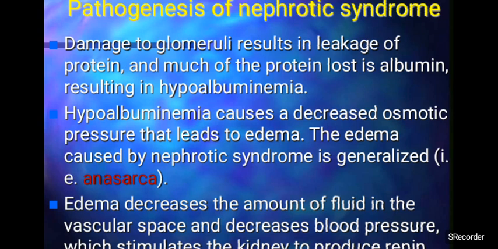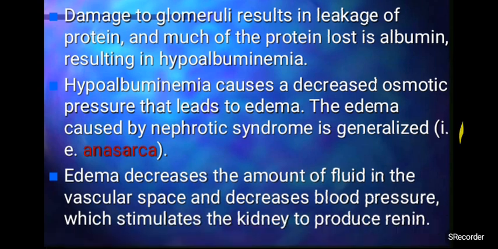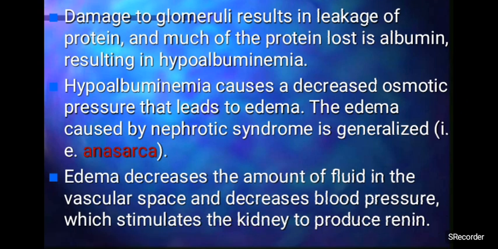Another thing we should know is that the edema caused by nephrotic syndrome is generalized, so it is just general edema, and in simple terms we can call it anasarca. This edema will decrease the amount of fluid in the vascular space, and with time we shall have a decrease in blood pressure, and that will stimulate the kidney to produce renin.